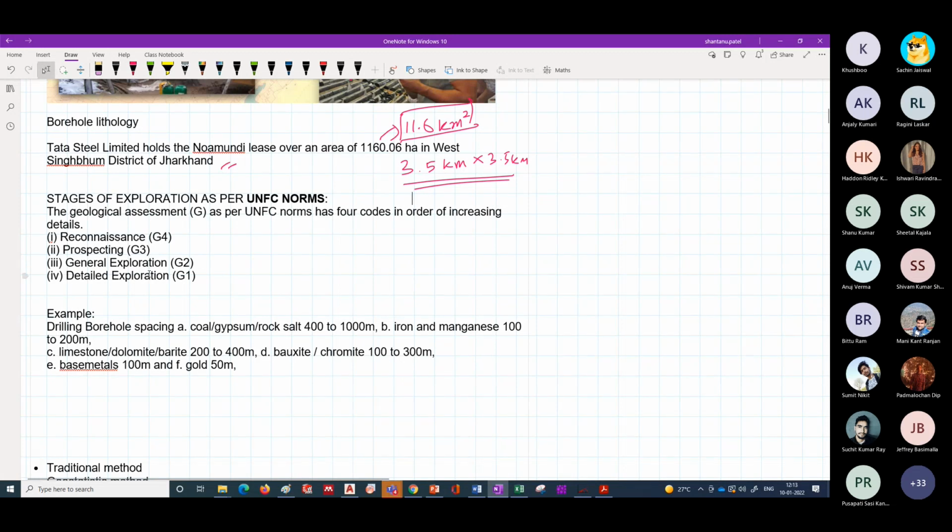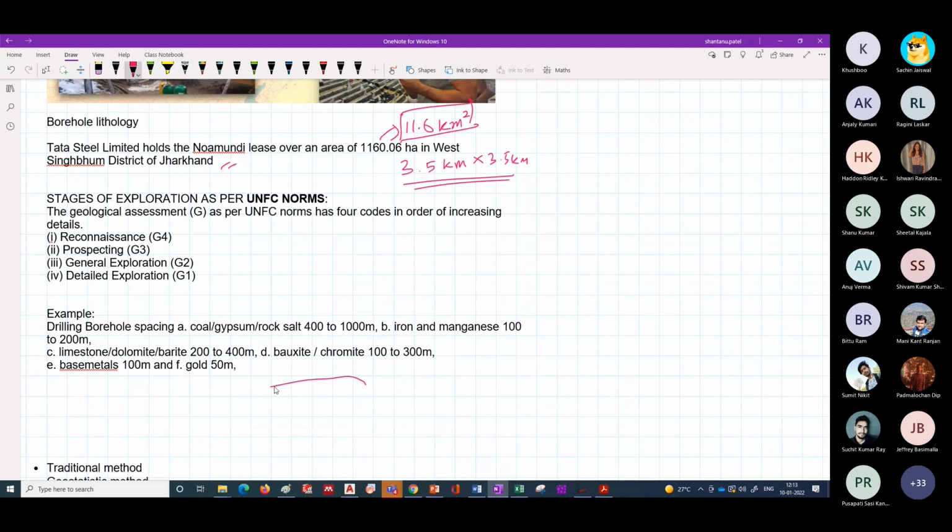For bauxite or chromite, the distance would be around 100 to 300 meters between two boreholes, in our detailed exploration.